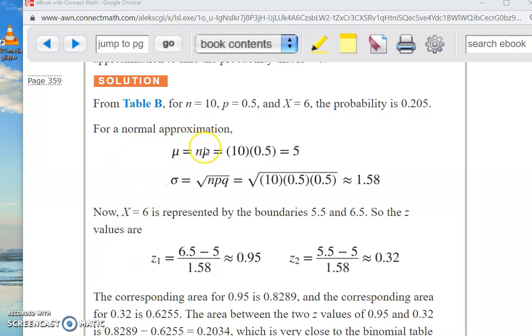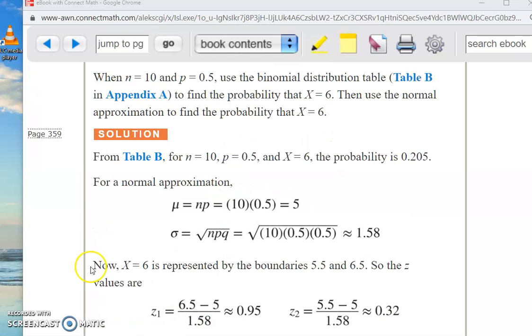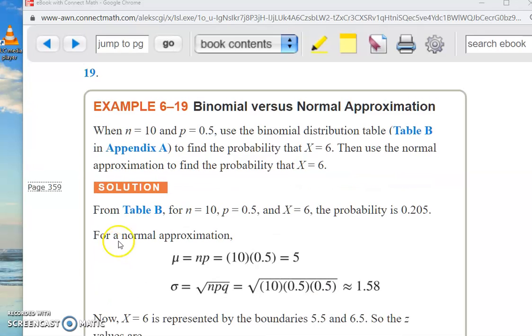All right, so now we're going to do the normal approximation. Just as before, mu is np, sigma is square root npq. Multiply these out, and you get a mu of 5. And I just noticed, well, first of all, you get a mu and you get a sigma, so we have what we need here. But what I just noticed was that the author didn't take that step of making sure that the approximation was appropriate or not.